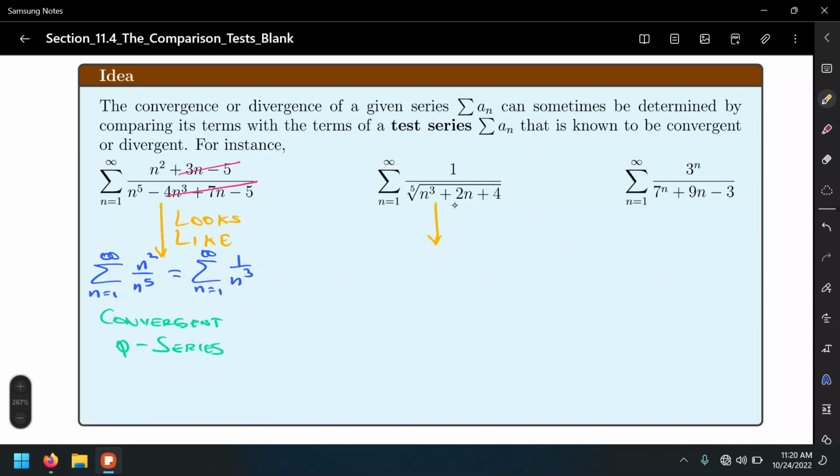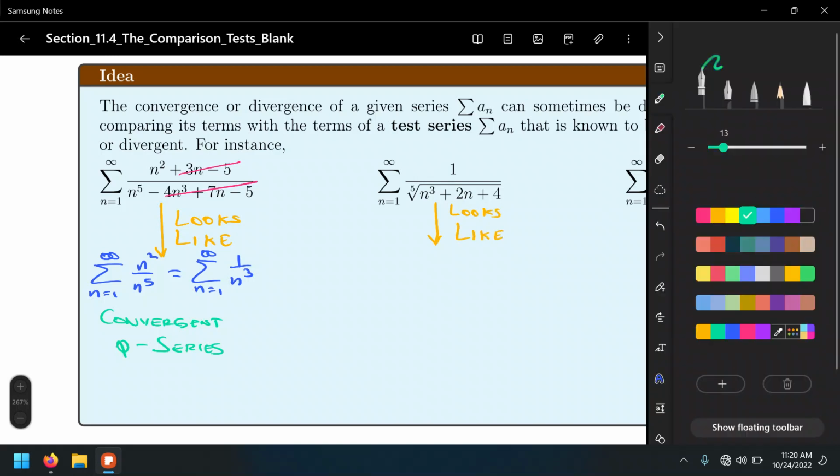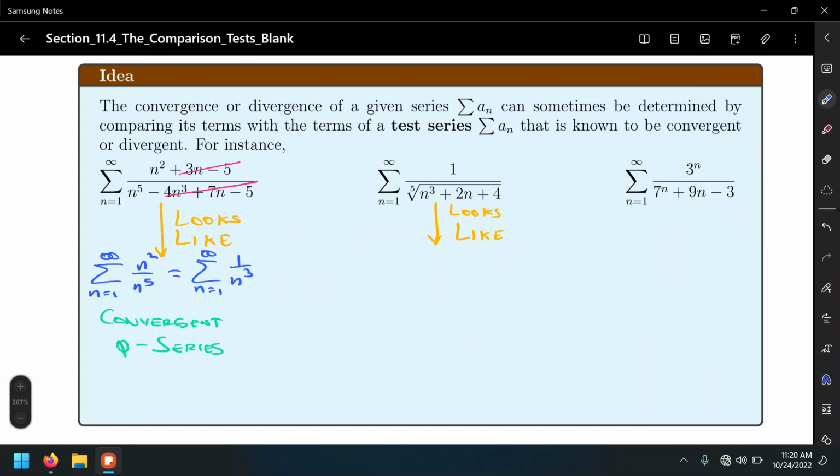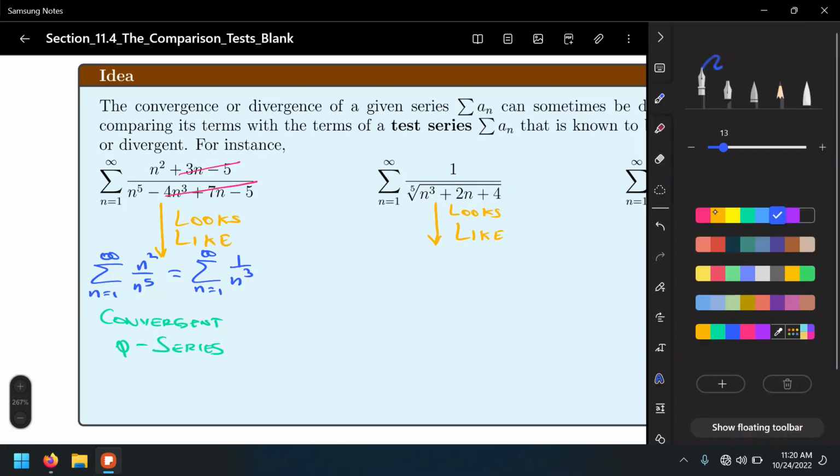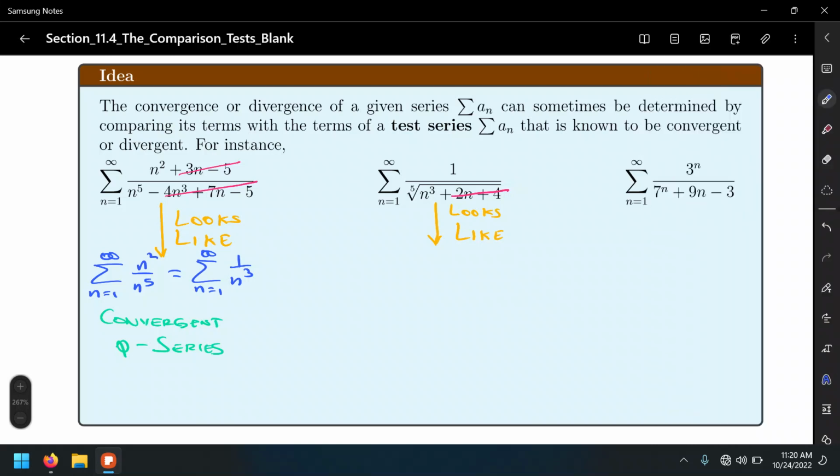Well, this series looks like... well, how about again we neglect all the lower degree terms, that is the 2n plus 4, and we just keep the highest degree term inside of the radical. Well, that's going to give us the following. So that's going to be sigma n equals 1 to infinity of 1 over the 5th root of n cubed.